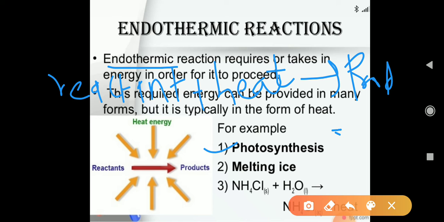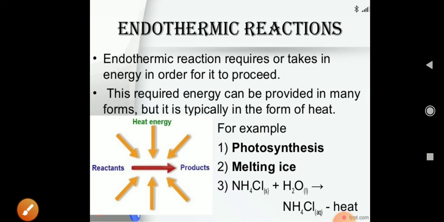One more example is given: NH4Cl plus H2O gives NH4Cl solution, with minus heat given. So this is about endothermic reactions, in which heat energy is absorbed and product is formed. These are the two types of reactions, exothermic and endothermic.